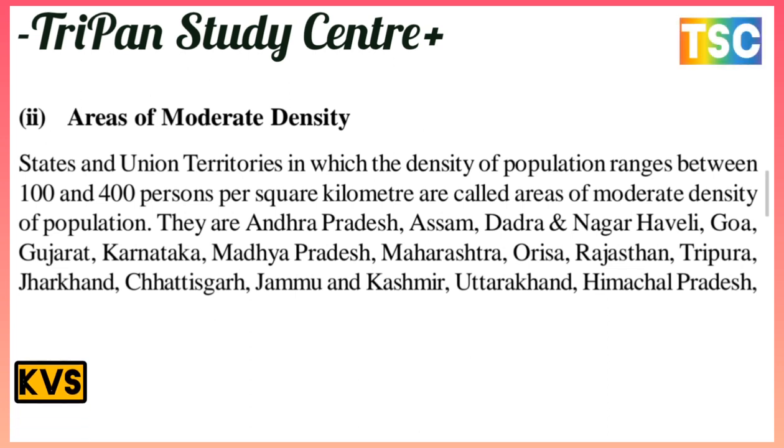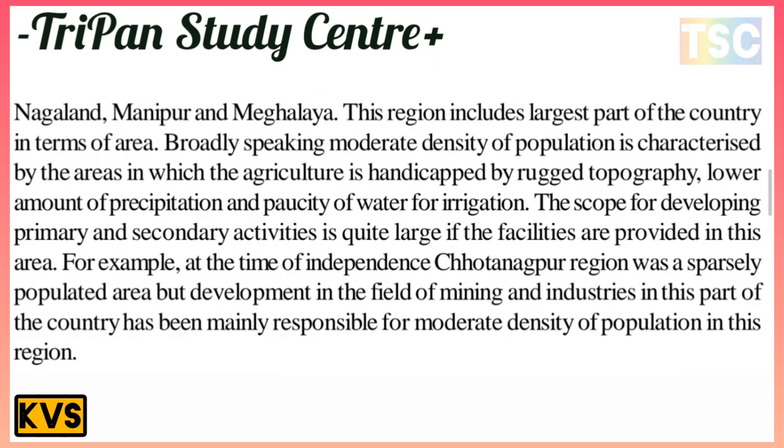And Goa, Gujarat, Karnataka, Madhya Pradesh, Maharashtra, Orissa, Rajasthan, Tripura, Jharkhand, Chhattisgarh, Jammu and Kashmir, Uttarakhand, Himachal Pradesh, Nagaland, Manipur and Meghalaya. This region includes a large part of the country in terms of area.